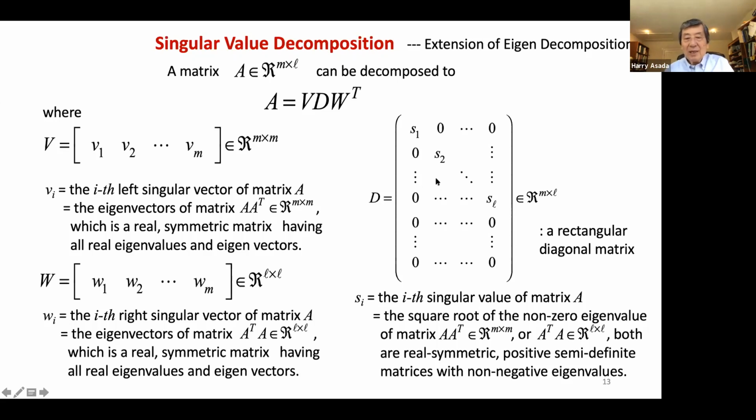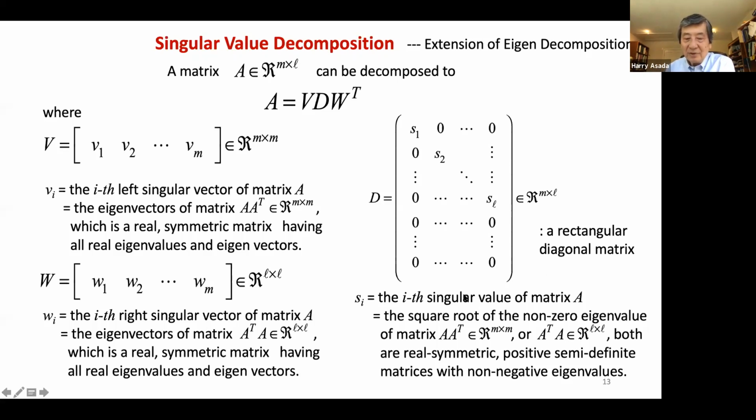In case M is larger than L, it is vertically long, with the upper part of diagonal elements S1 through SL, where S_i is the singular value, not the eigenvalue, of matrix A. That's a good name.